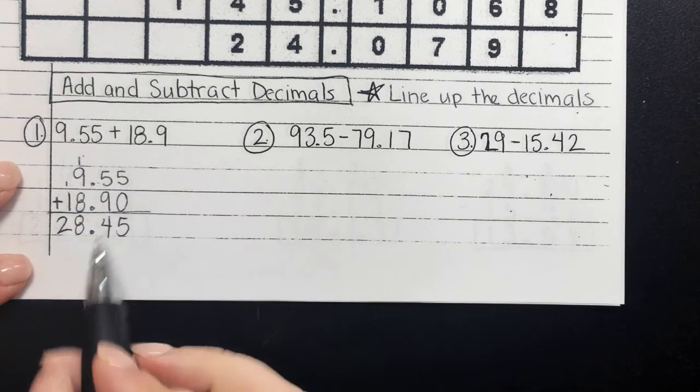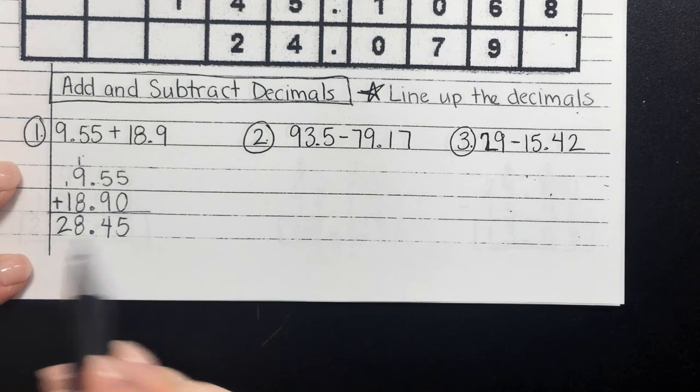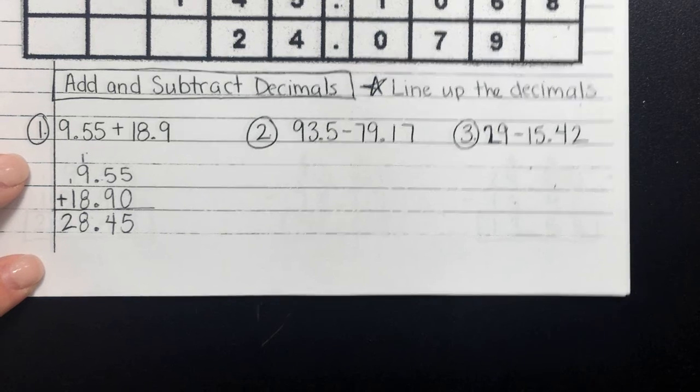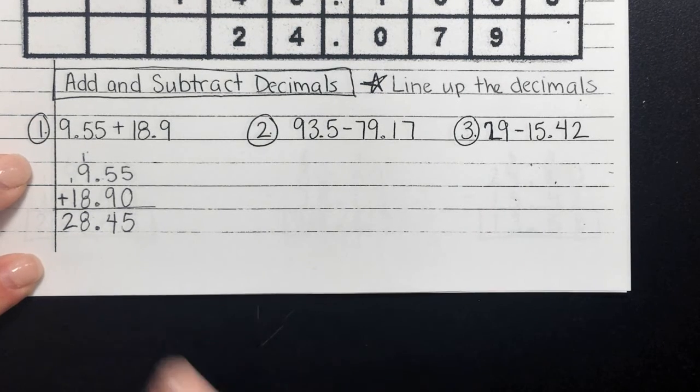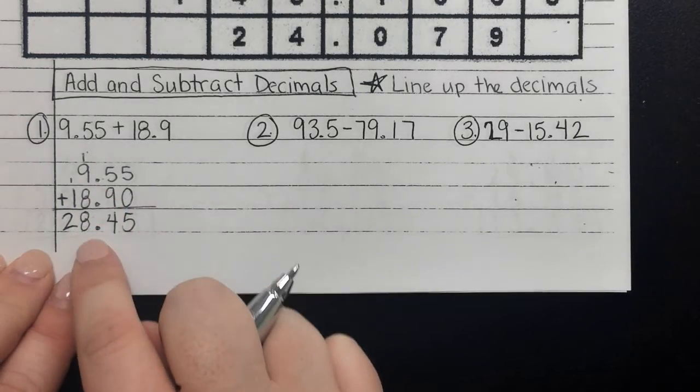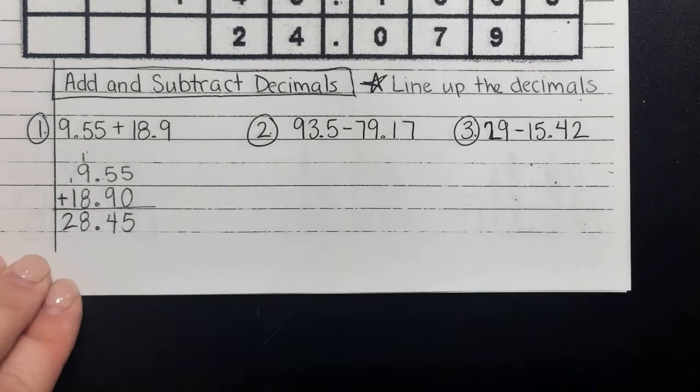And guys, do you see how I gave my decimal an extra gap? And then in my answer, didn't that gap look weird? Which helps me remember to make sure to write my decimal. Those are all just little techniques that help you catch some common mistakes that happen. So give your decimal an extra space so that when you write your answer, it's like, ha! Make sure to write that in there, okay?